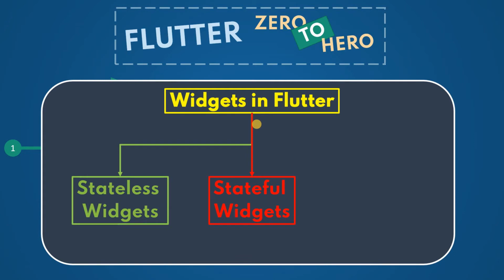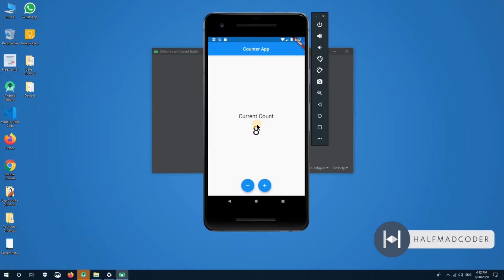A stateless widget is a widget where the state of the widget will not change, and a stateful widget is a widget where the state of the widget can be changed. What do I mean by saying that? If I think of the whole app as a widget, then by pressing these buttons the state of this app is changing, like this text is actually changing. So the state of this widget is changing. And what is state?